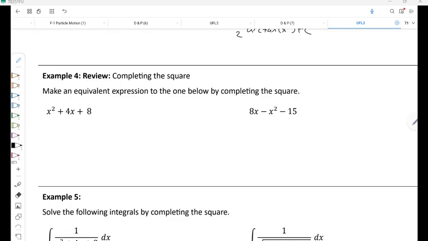So I have 1 blue tile, 4 green tiles, and 8 yellow tiles there. I have x squared plus 4x plus 8. It's called completing the square because I want to make a square out of the blue tile and all the green tiles, and then either I need to add more yellow tiles or take some yellow tiles away.